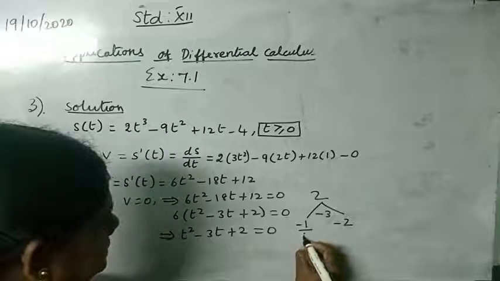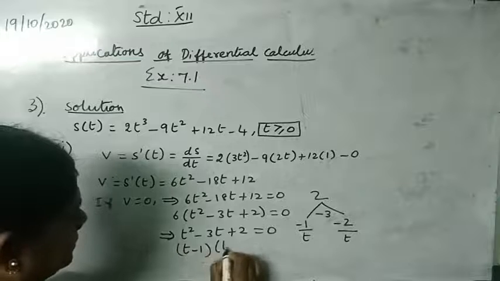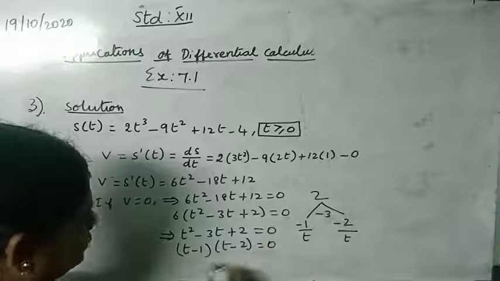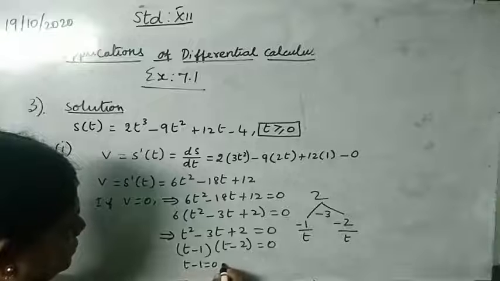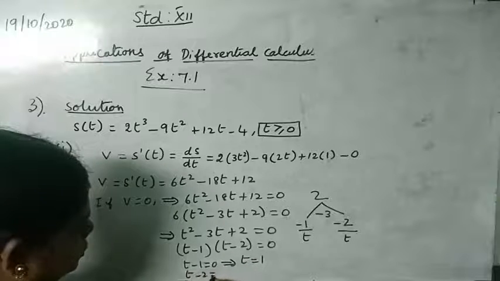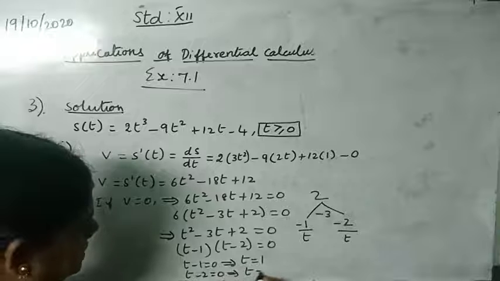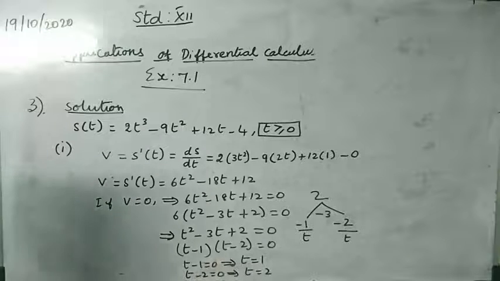So the factors are t minus 1 and t minus 2 equal to 0. If I take separately, t minus 1 equal to 0, which implies t equal to 1. T minus 2 equal to 0, which implies t equal to 2. So when velocity is equal to 0, the time taken by the particle is 1 second and 2 seconds.